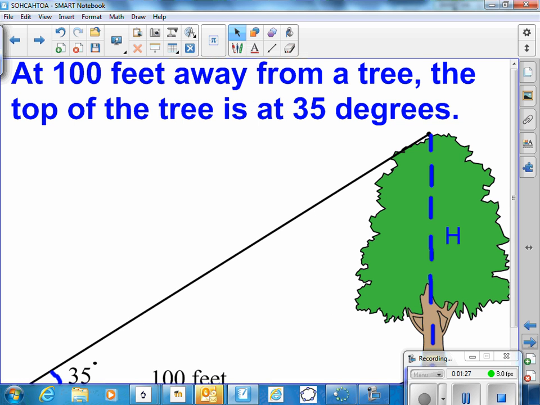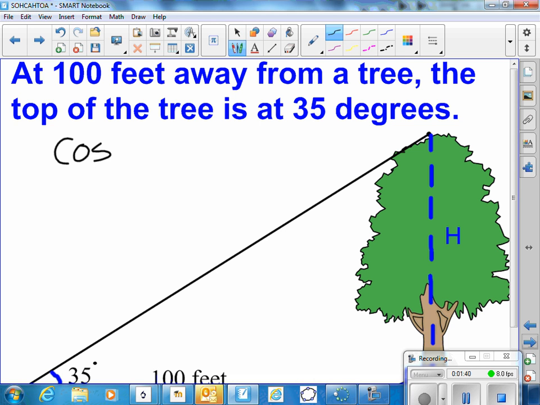So if we have a tree that's 100 feet away and we measure the angle to the top of the tree is 35 degrees, let's use cosine instead of sine. So the cosine of 35, theta in general, but 35 specifically here, is equal to the length of the side adjacent over the hypotenuse.